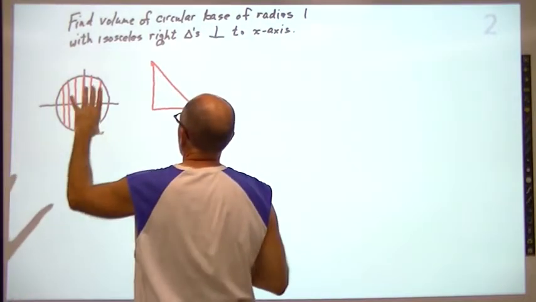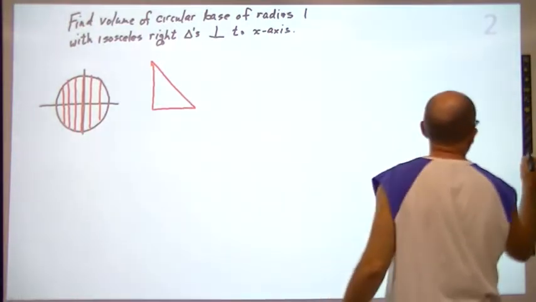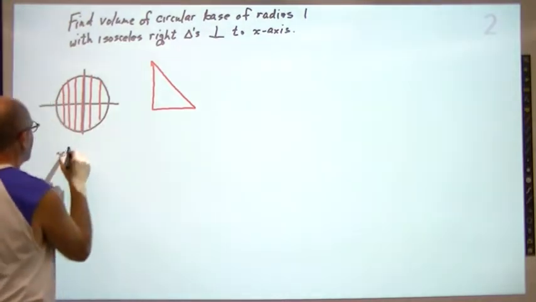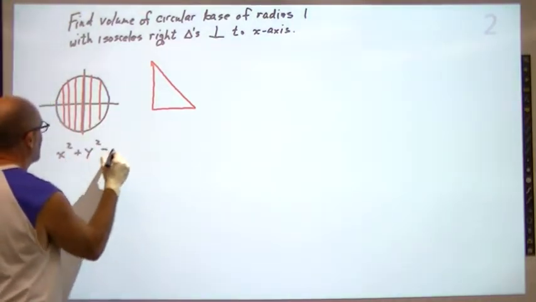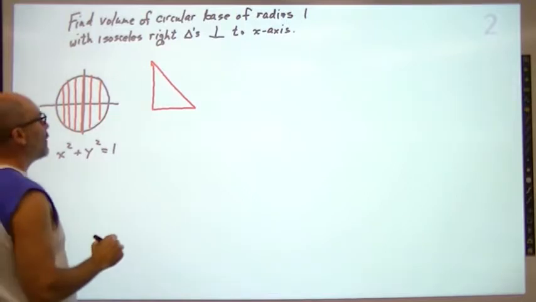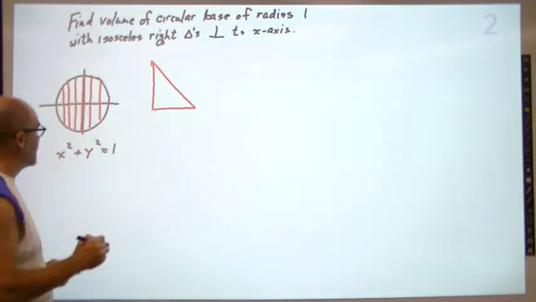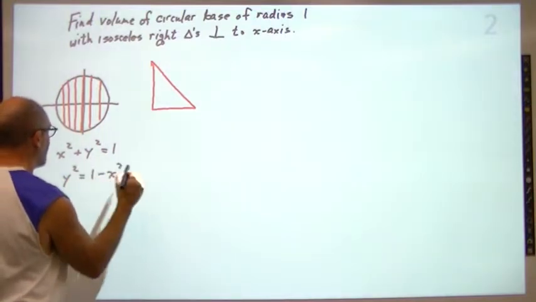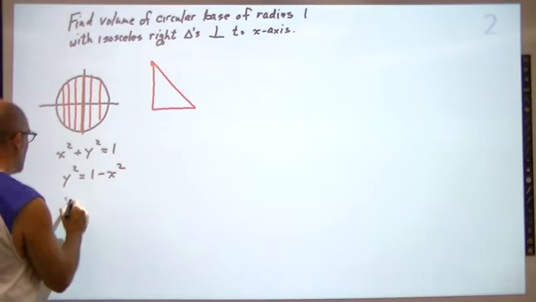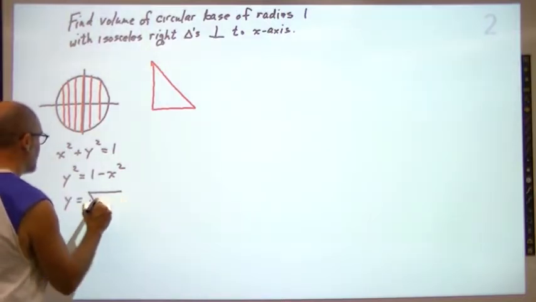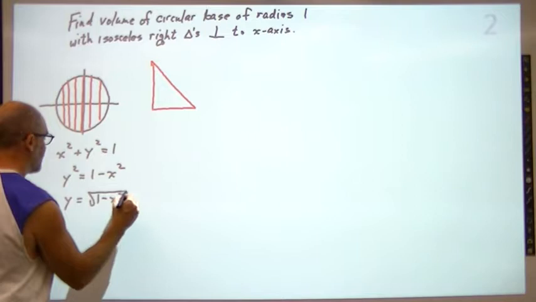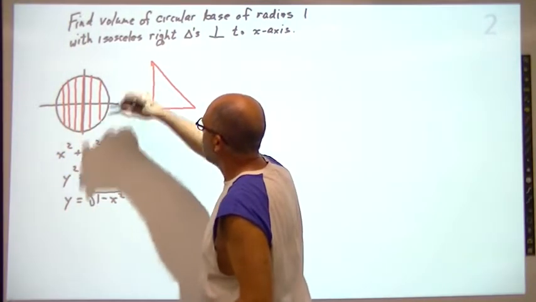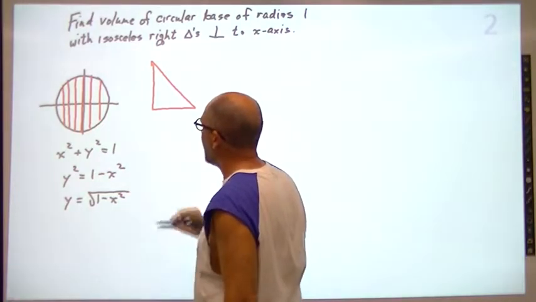Now, the equation of a circle radius 1, you remember from math analysis, is x squared plus y squared equals 1. If we want y as a function of x, then y squared equals 1 minus x squared, and that means y equals the square root of 1 minus x squared. That's a y value as a function of x.